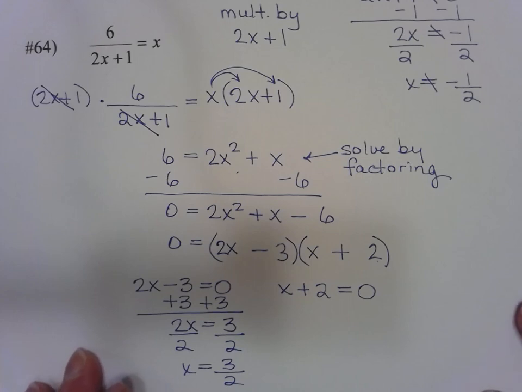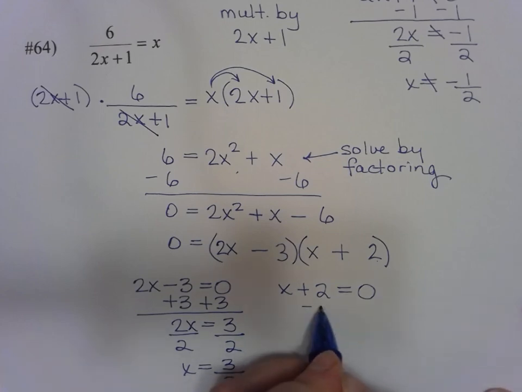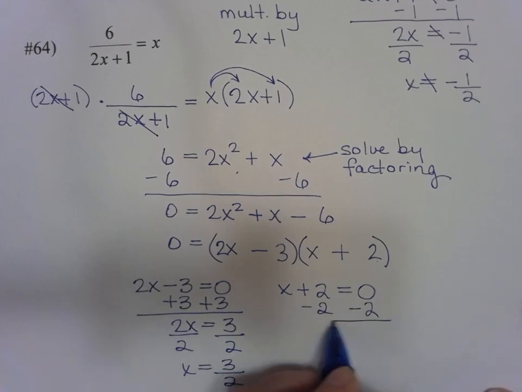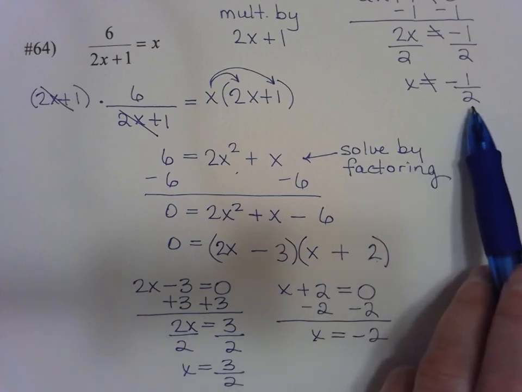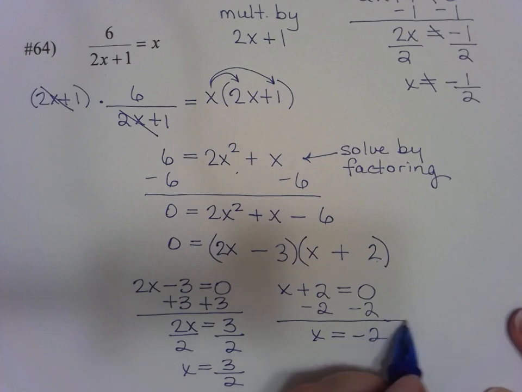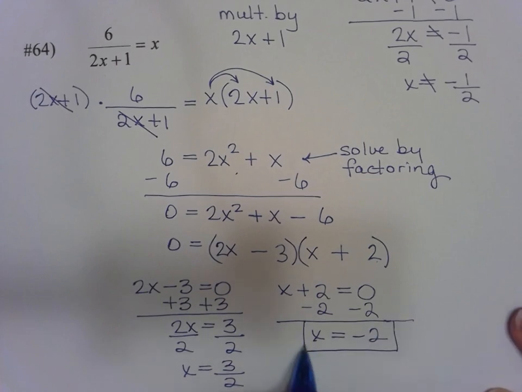So I get 3/2, or you could make it 1.5 if you want. And negative 2. All right, and just like we've said in the past, I just need to double check. I did not get negative 1/2. So both of these are valid answers. So this time I get 2 answers.